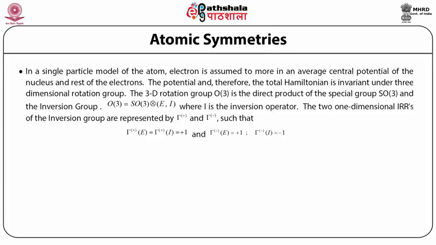The two one-dimensional irreducible representations of the inversion group are represented by sigma plus and sigma minus. This group has two elements and two classes, so it has only two irreducible representations.